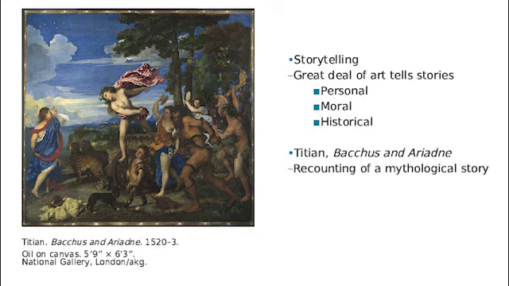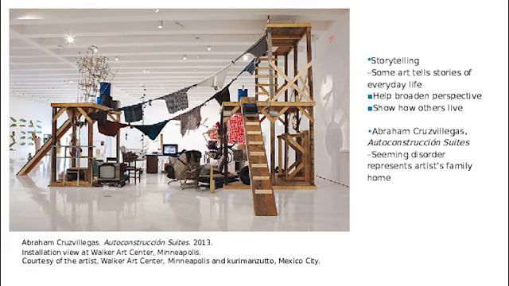But there are less conventional ways of storytelling, and some storytelling through art tells stories of everyday life, and that can help broaden perspective and show how others live. So this piece in particular, Autoconstruction Suites by Abraham Cruz Villegas, is about the artist's home life.